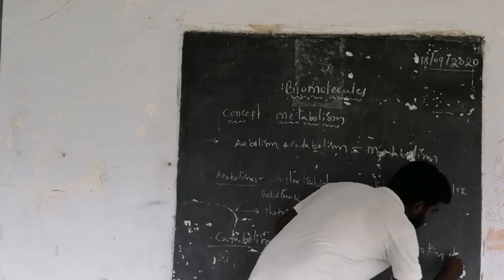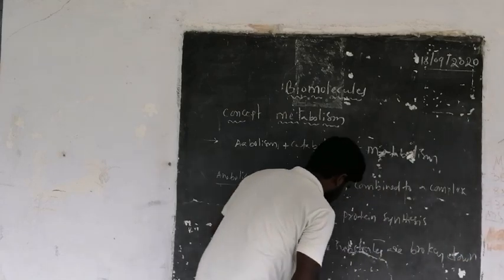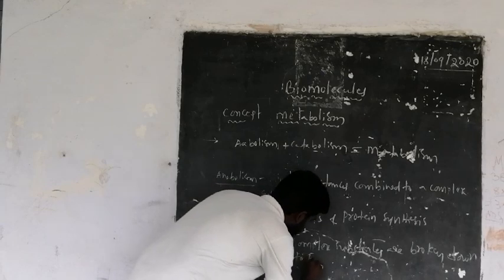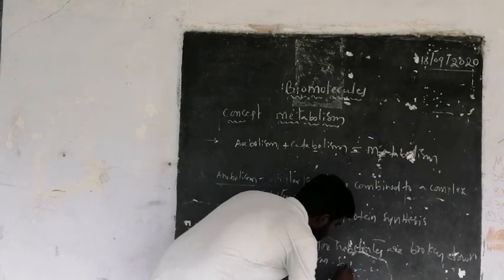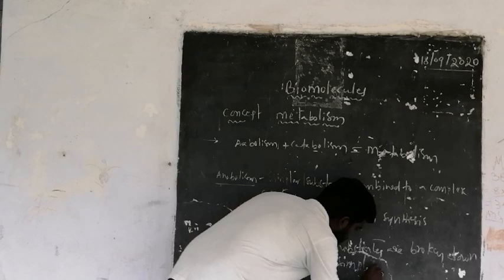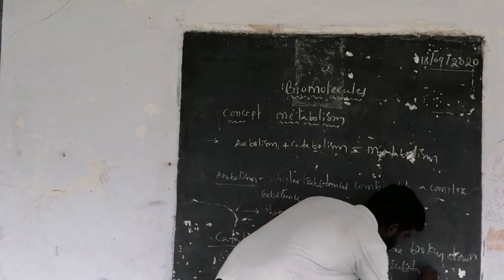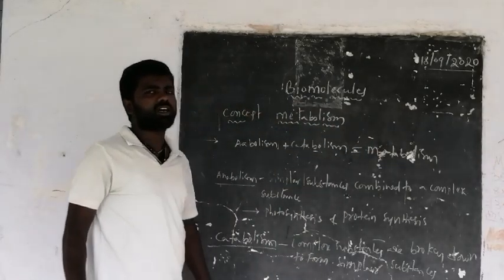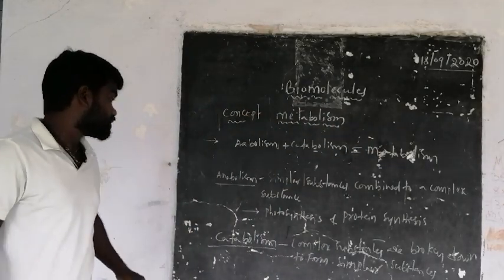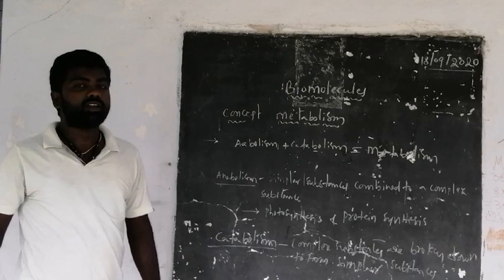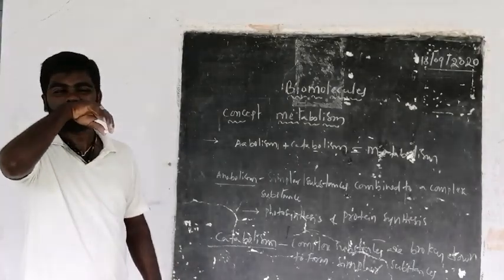Complex substances broken down to form simpler substances is called catabolism or a catabolic reaction.